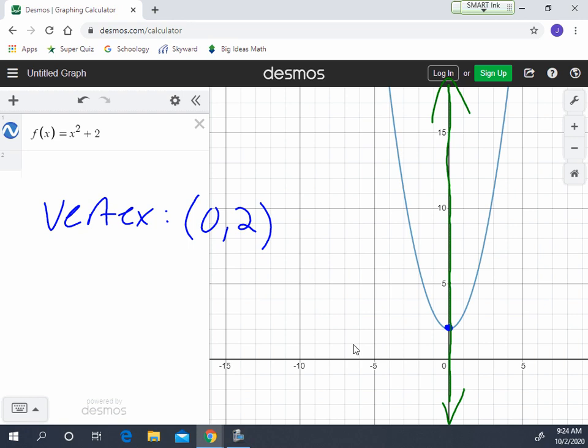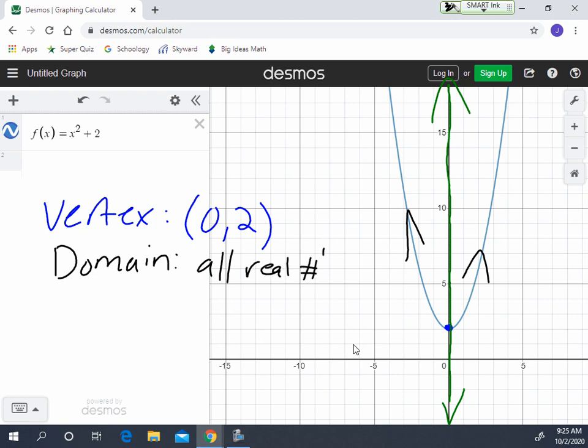Okay? How about domain? Our domain is all x numbers. And notice this is going up to the left and up to the right, to negative infinity and positive infinity. So this is actually all real numbers. Okay. We can abbreviate this by just saying R. All real numbers.